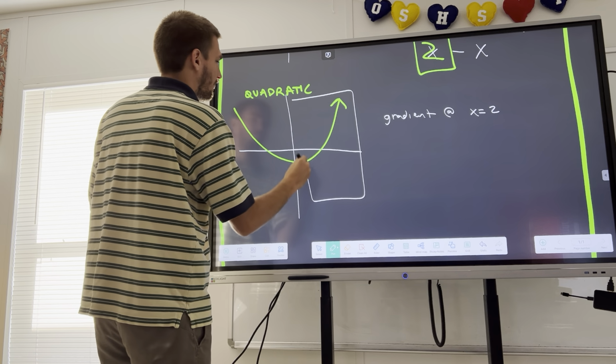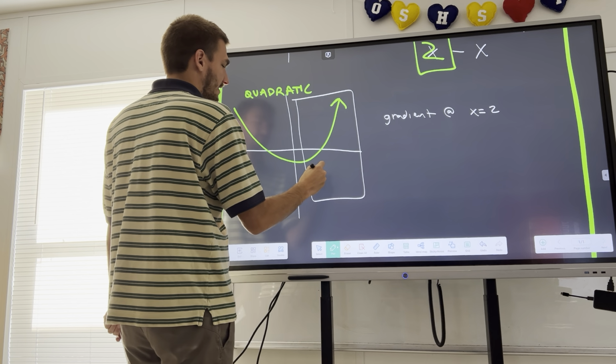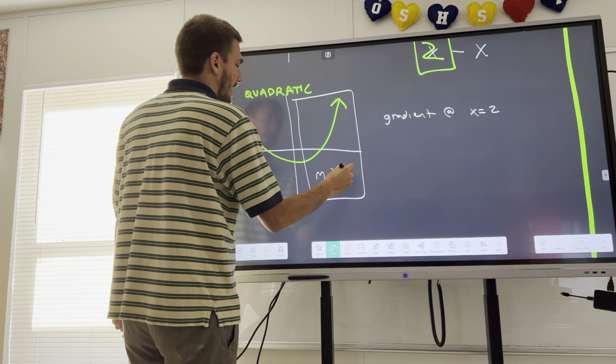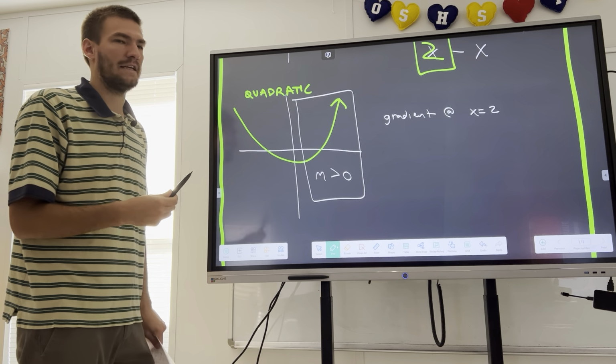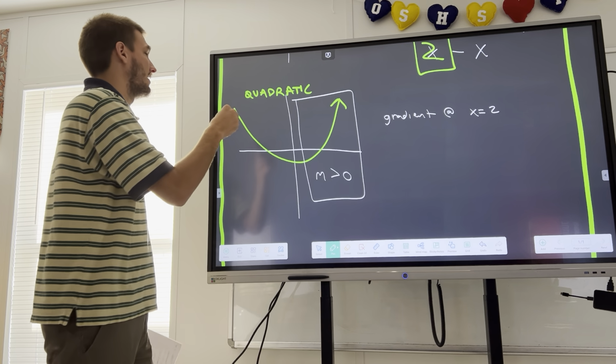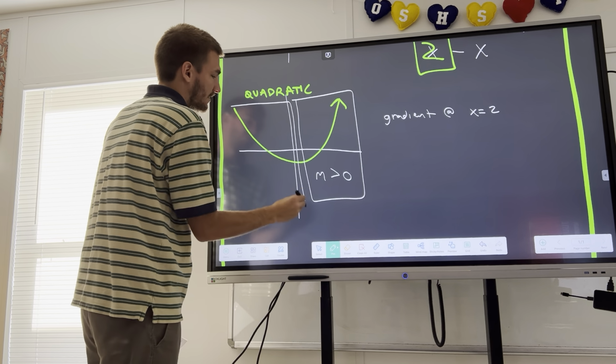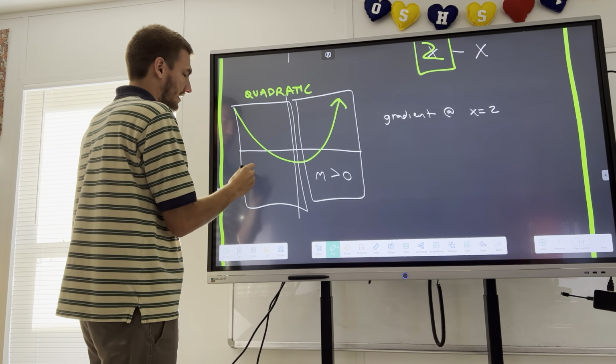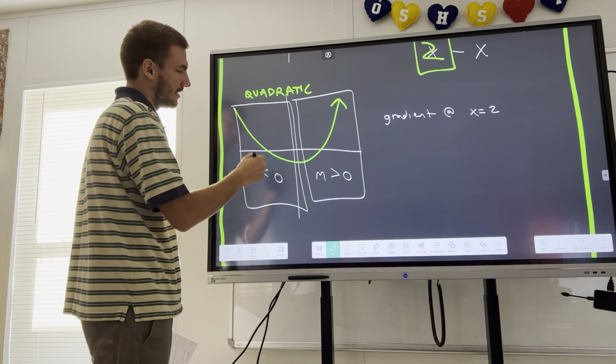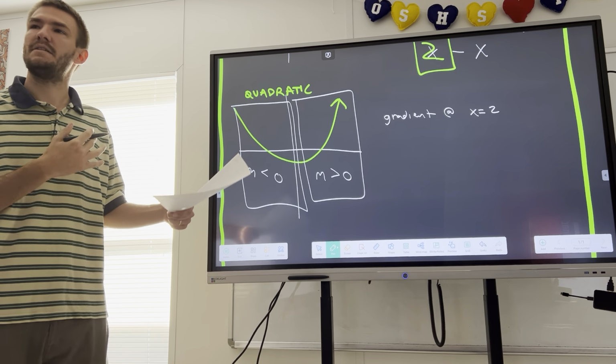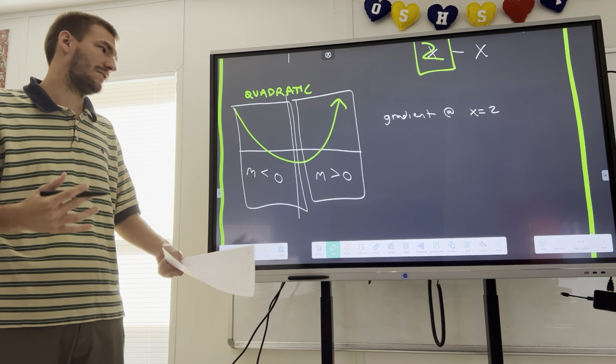We can say, well, over here, this is a positive gradient because we're going up, and over here, this is a negative gradient because we're going down. It's the intervals of decreasing, the intervals of increasing.